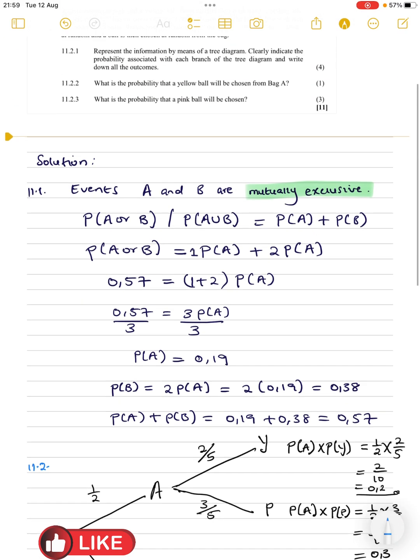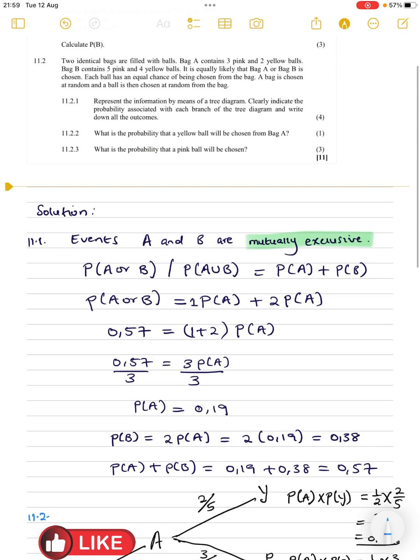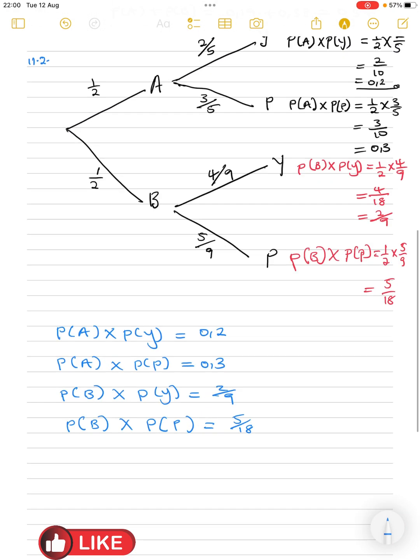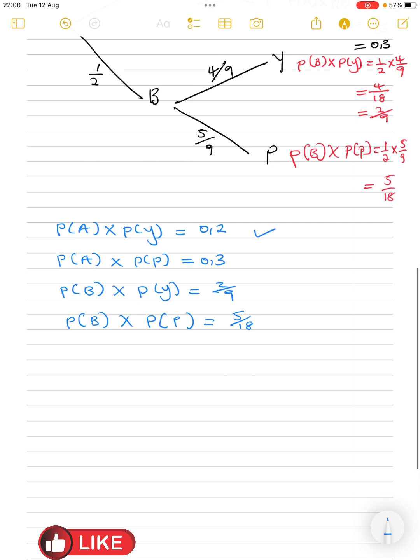And then let us look at follow-up questions. What is the probability that a yellow ball will be chosen from bag A? That one is straightforward. Where is bag A? This one.